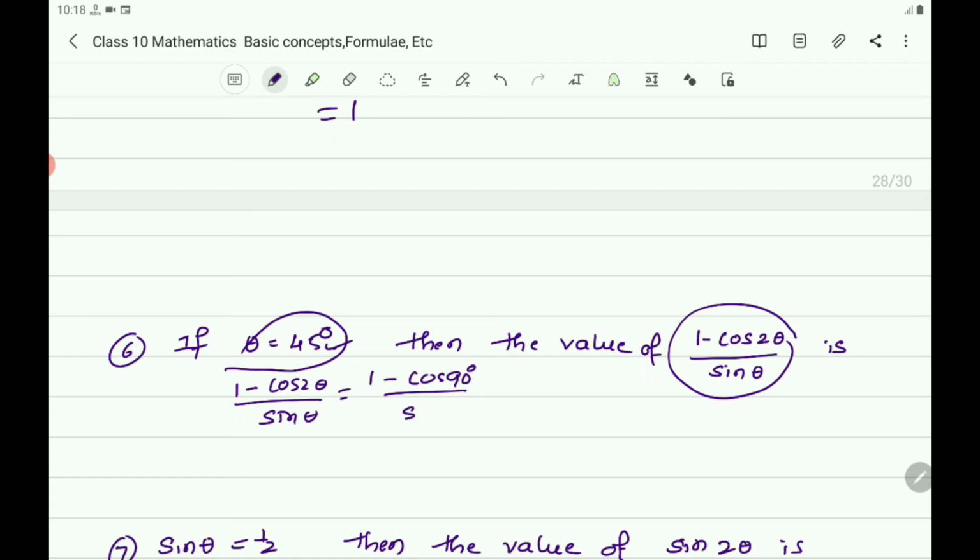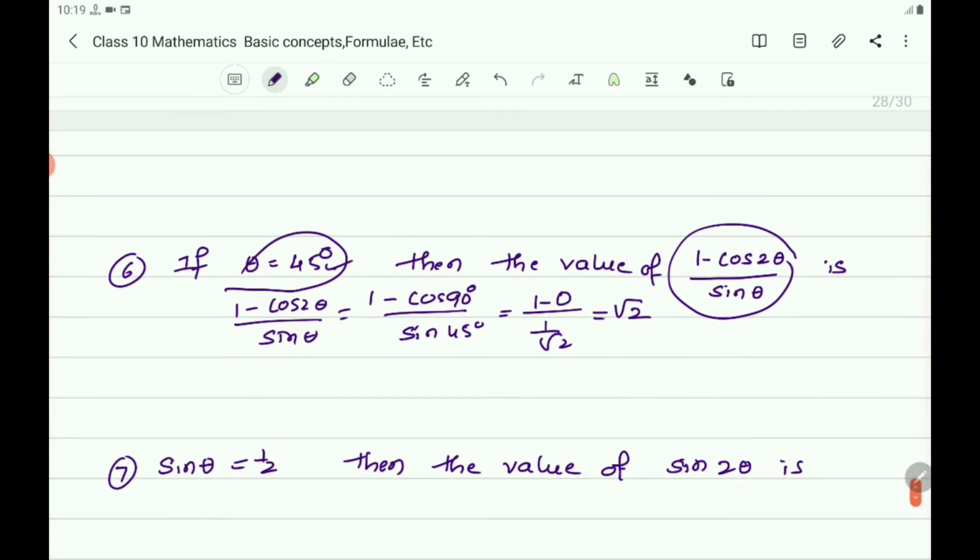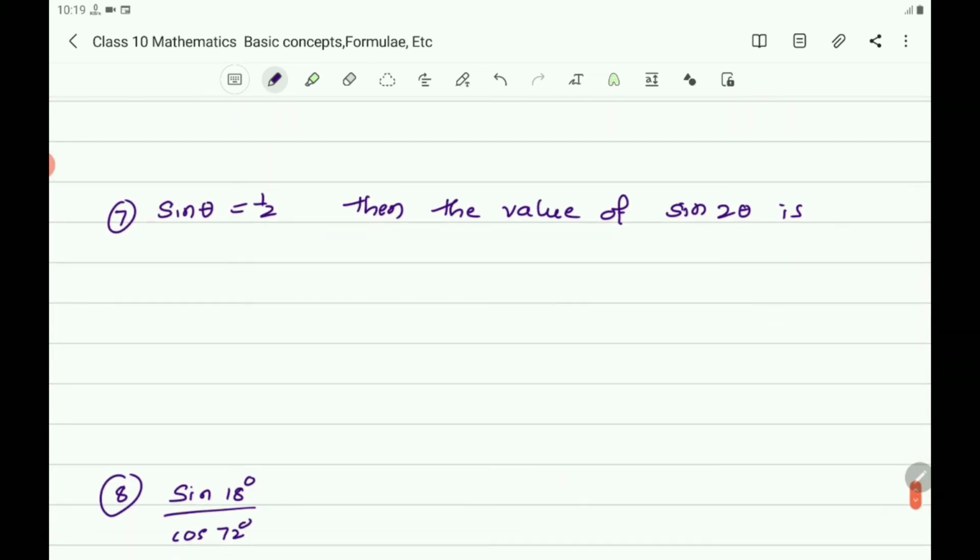That divided by sine 45 degree. That equals 1 minus cos 90, which is 0. Sine 45 is 1 by root 2. That equals 1 by 1 by root 2. You will get root 2. That is the answer. Next question, 7th question.